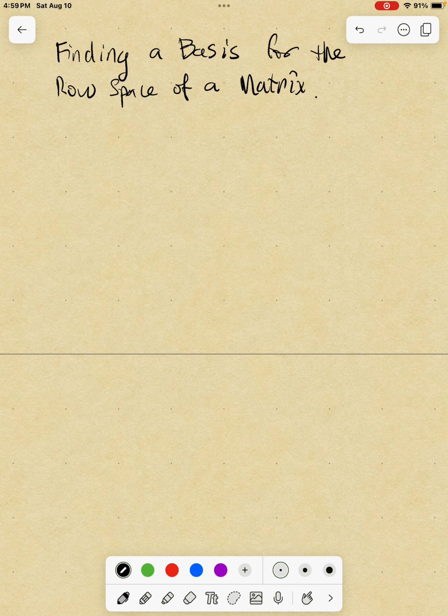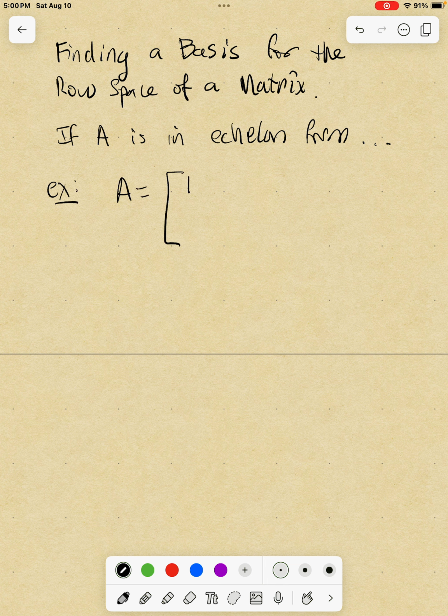And for the row space it's similar, so let's just talk about what to do if the matrix is in echelon form. So if the matrix A is in echelon form, well, let's look at an example. Let's say that A is, let's say it's this.